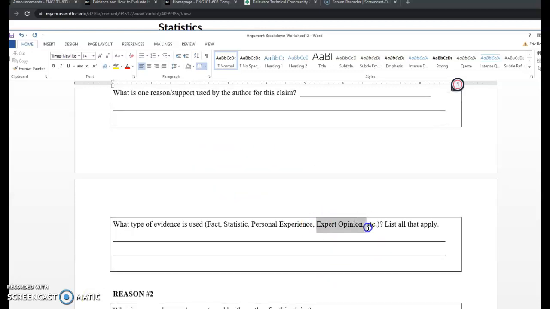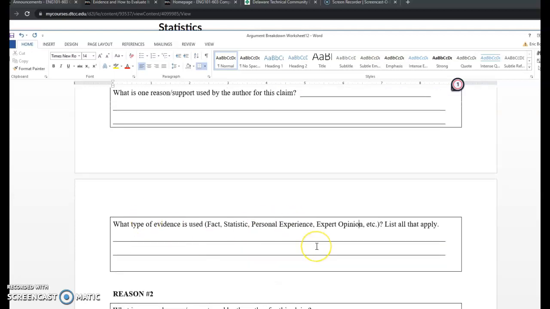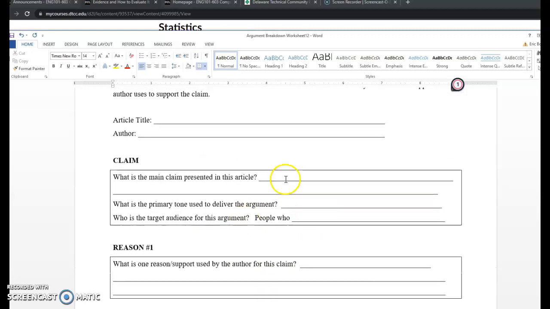If you're noticing that the original article is maybe citing research studies or people in the field, like academics in the field, then that would be an example of an expert opinion. So if one of your claims is something that an expert in the article agrees with, you can say expert opinion here. So you're just identifying what type of evidence is being offered to support this support for the claim.